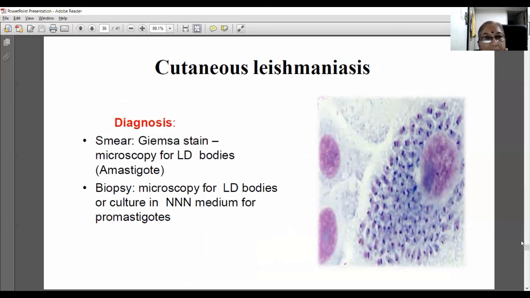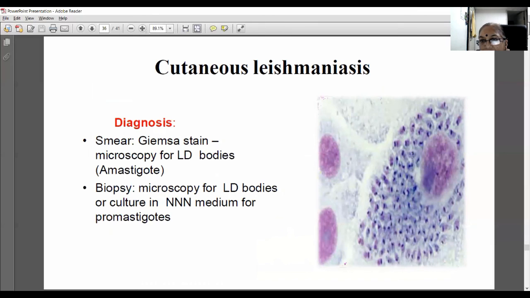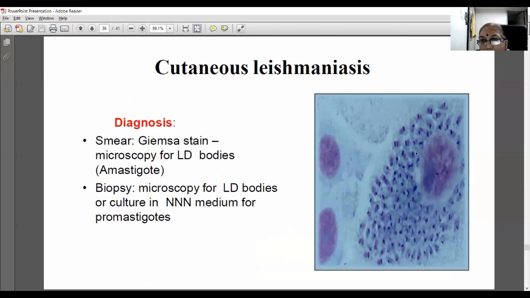In cutaneous leishmaniasis, you will see the smear shows LD bodies. See, these are the small LD bodies that are seen, here, here, here. Okay, these are the LD bodies that are seen.